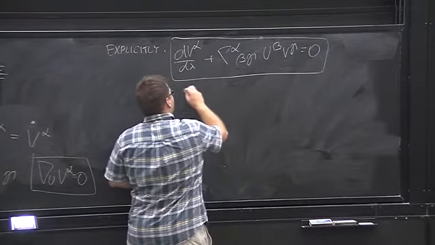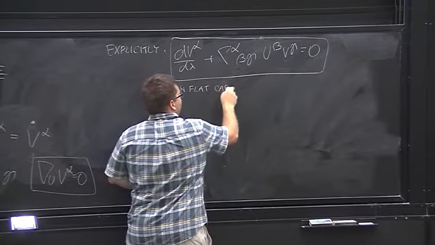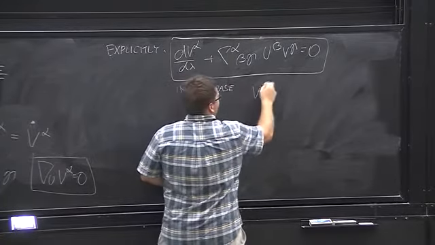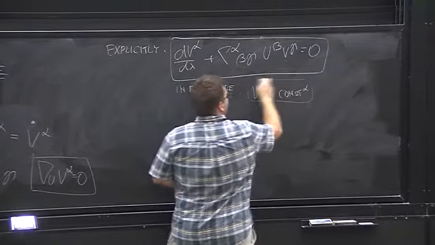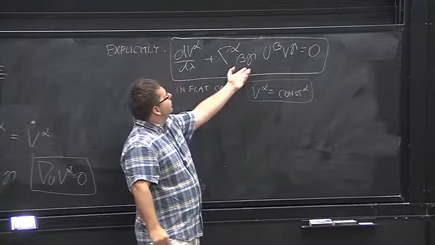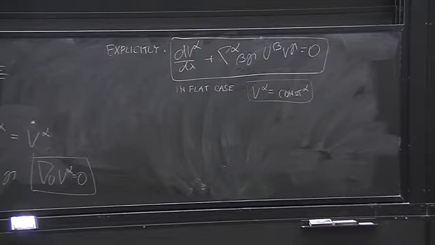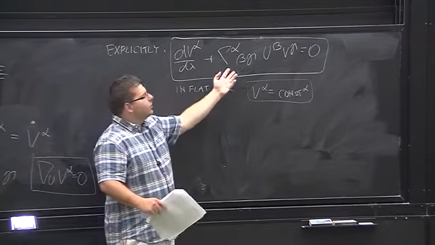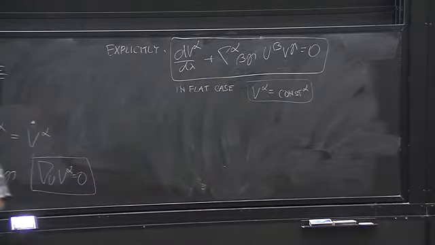So in the flat case, this simply means that v alpha equals constant, right? The Christoffels are gone, and these are just constant. So really you are trying to keep the vector constant, and this is just a generalization of what it means for a vector to be constant. Questions, comments?